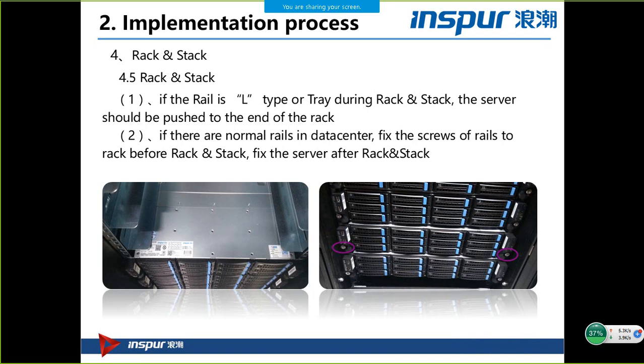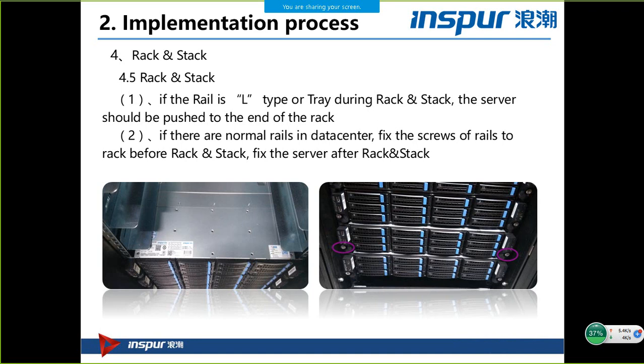One is separated into inner and outer, and another kind is drop in. So when you can pull out the inner of the rail, you can drop the server on the rail, and then you can put it back. We call it the drop in type.